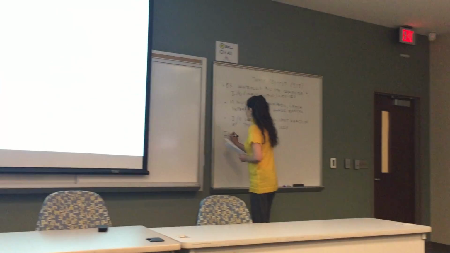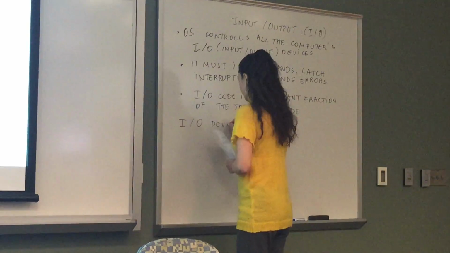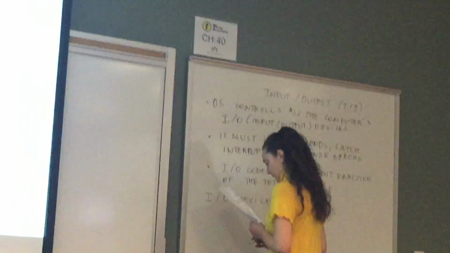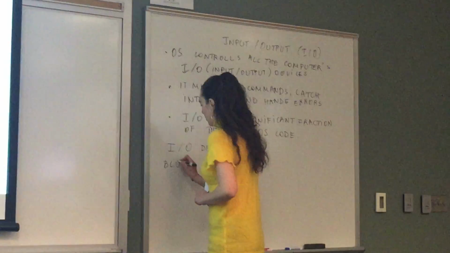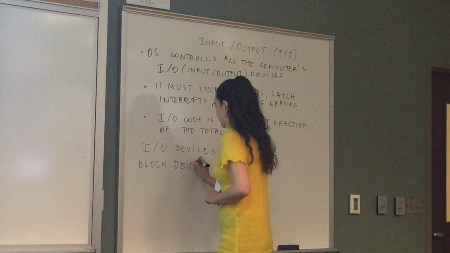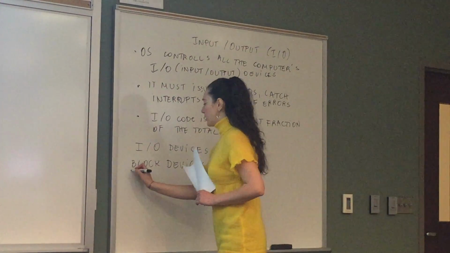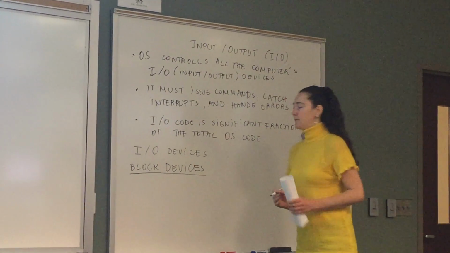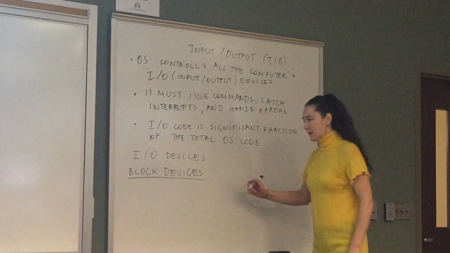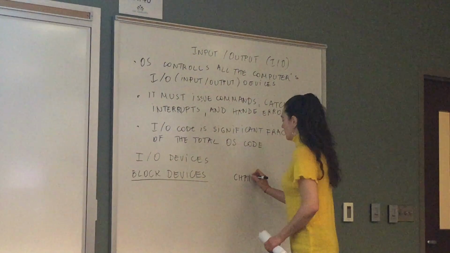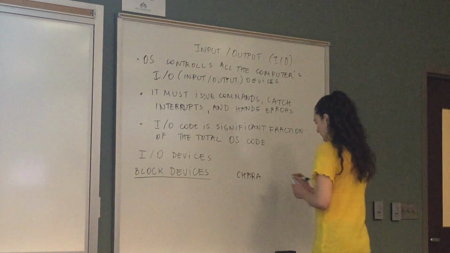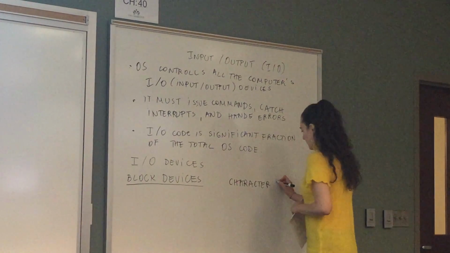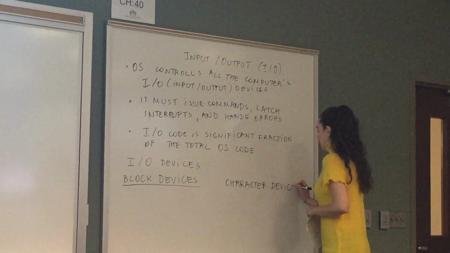We have two types of I/O devices. The first ones are called block devices, which store the information in fixed-size blocks, and then we have character devices, which accept a stream of characters.